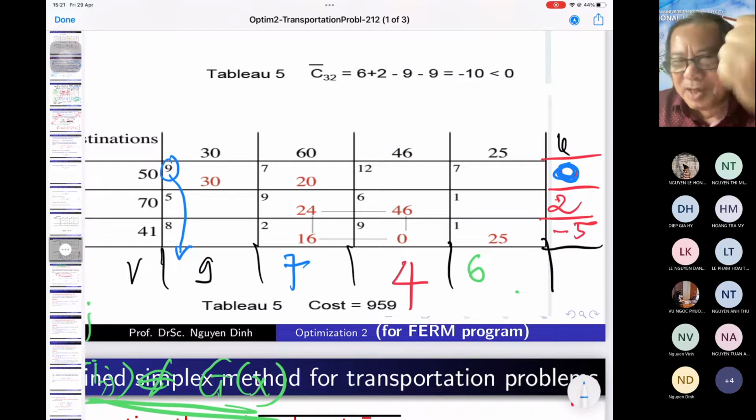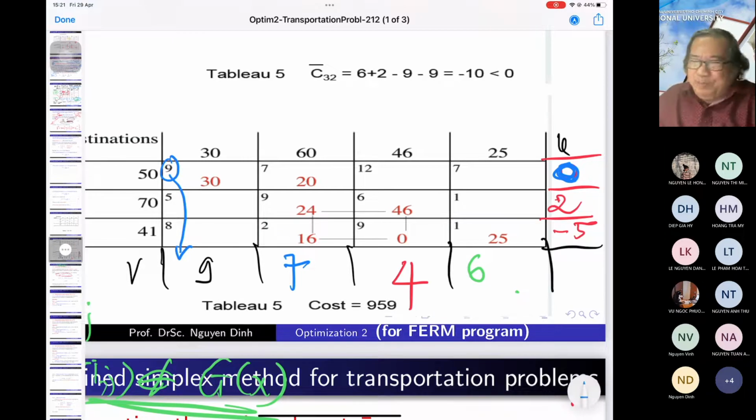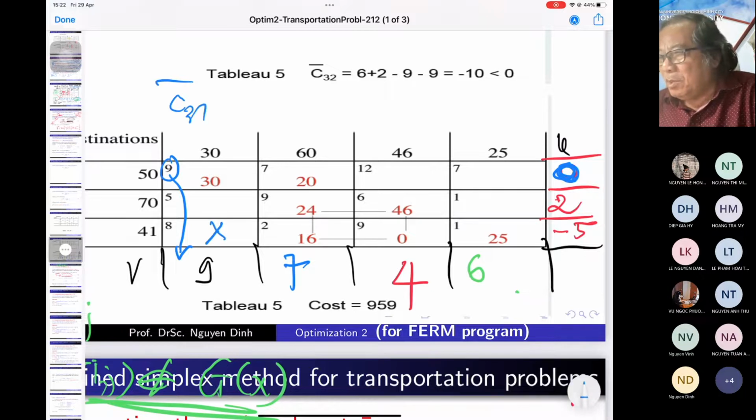What do you do first? Second, the idea. Think of it. Because I tell you, in order to find out C bar ij, for example C bar 3 1 here.